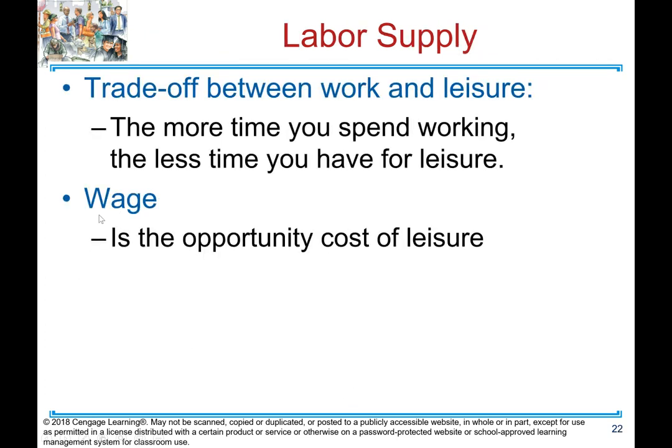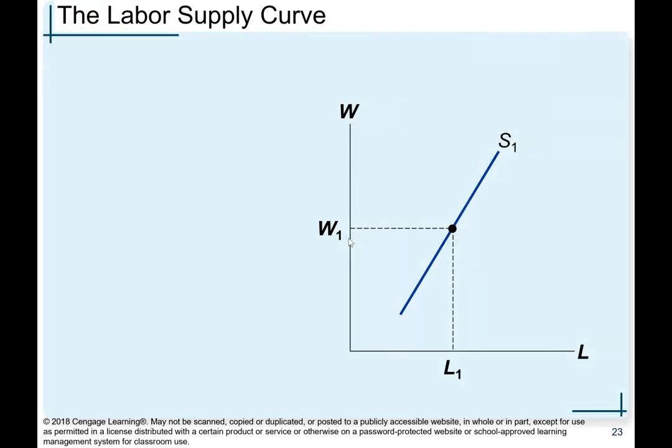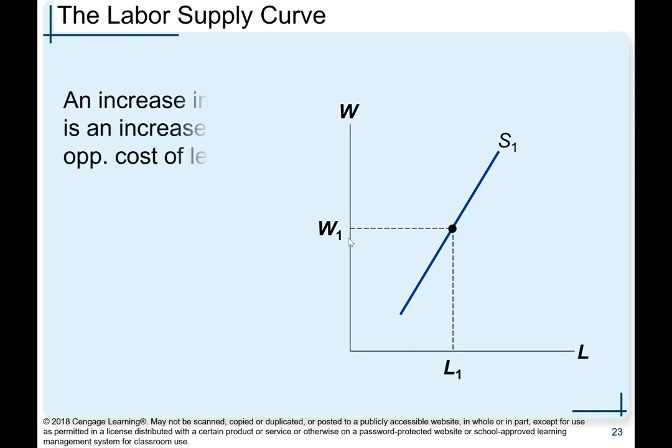Labor supply. Trade-off between work and leisure. The more time you spend working, the less time you have for leisure. Wage is the opportunity cost of leisure. Let's look at the labor supply curve. It is upward sloping.